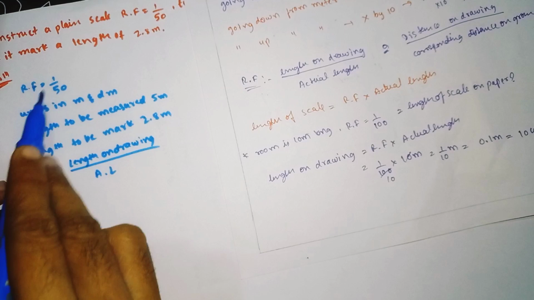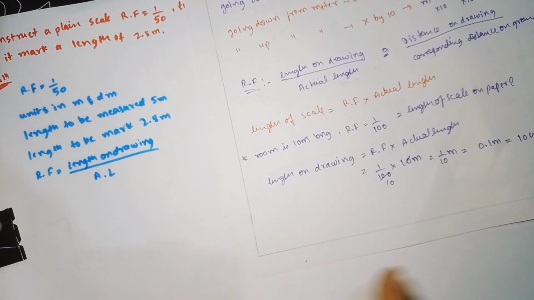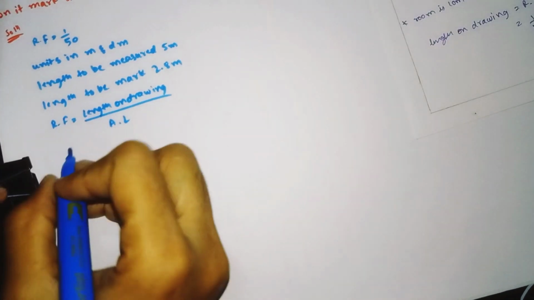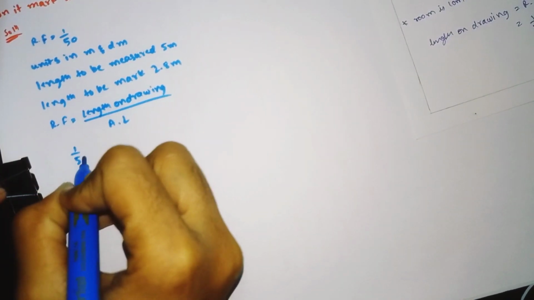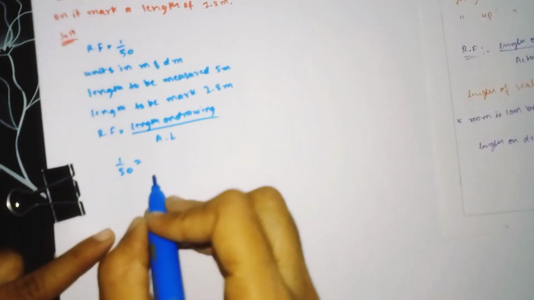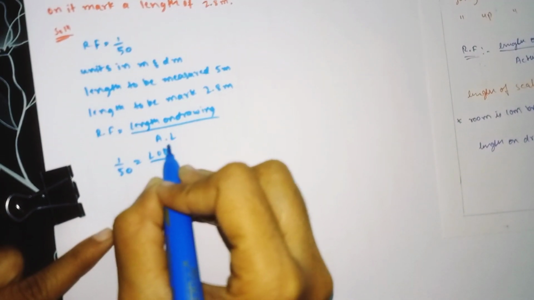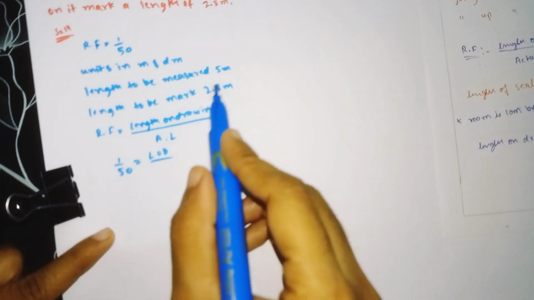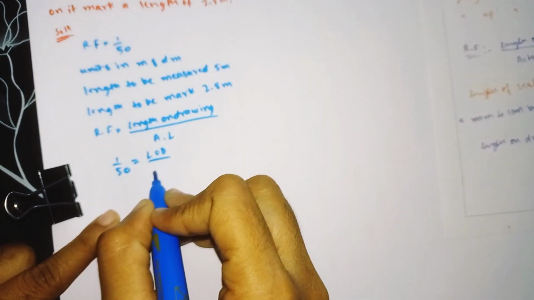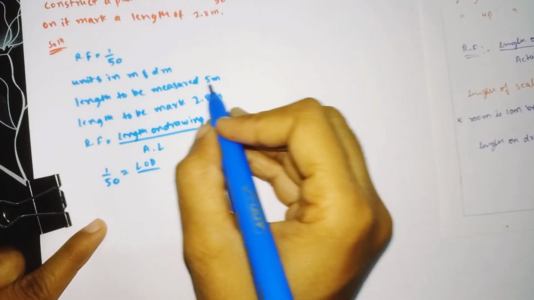So RF they gave 1 divided by 50, so 1 by 50 is equal to, we need to find the length on drawing, and our actual length is nothing but length to be measured. So we have to measure the 5 meter. So here length to be measured is 5 meter.